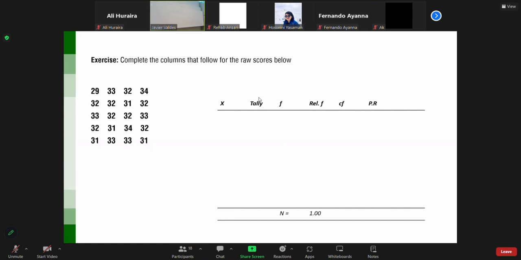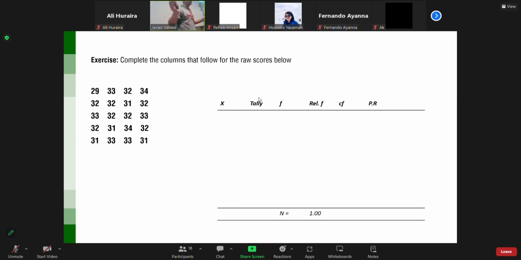Everything fine? Now, what is the frequency of 32?